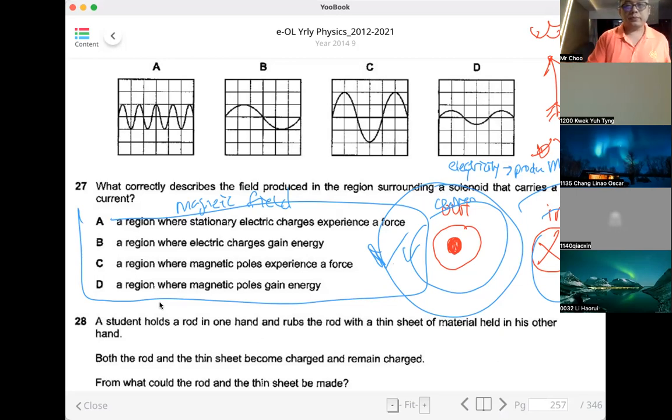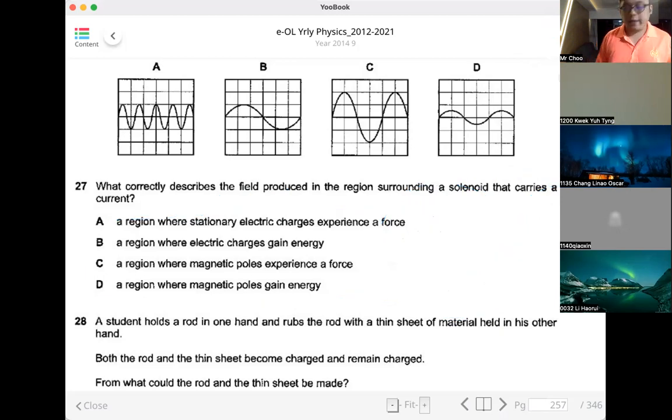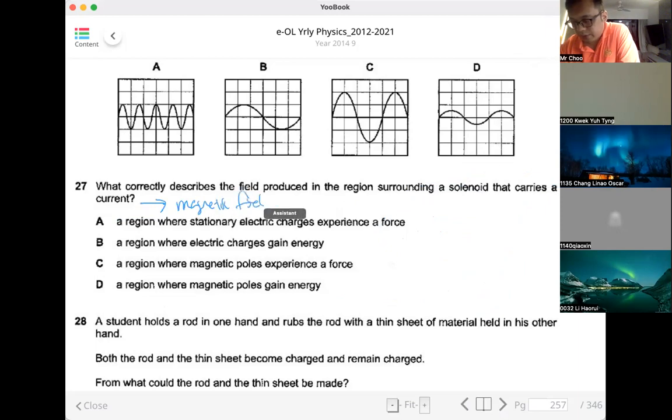Okay, very good. So in this case, please remember that current produces a magnetic field, and therefore the answer is C. Current produces a magnetic field. Is that clear? Okay, next question.